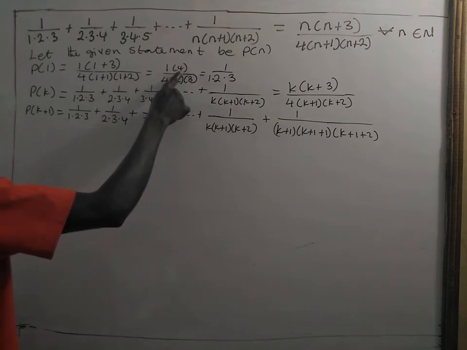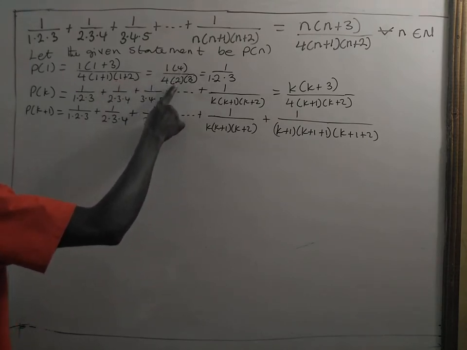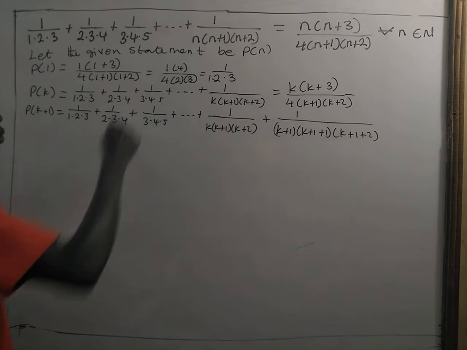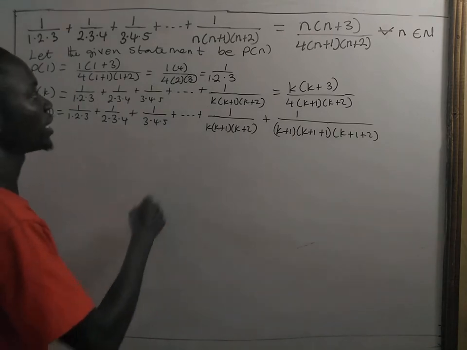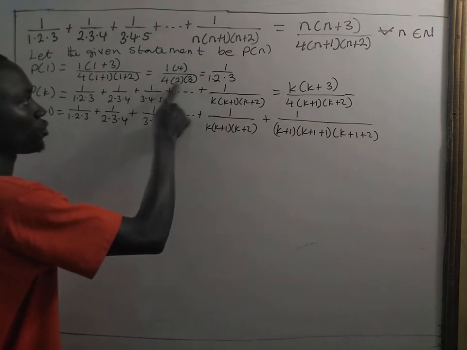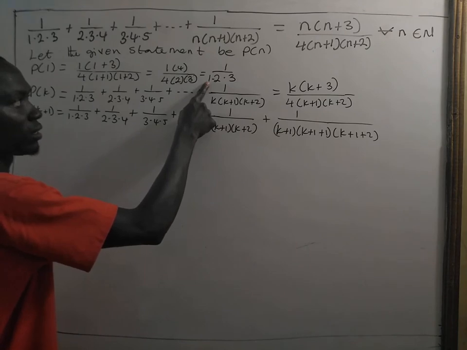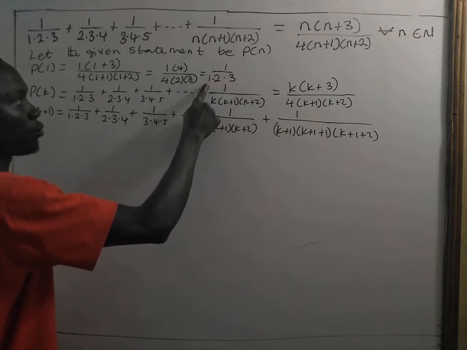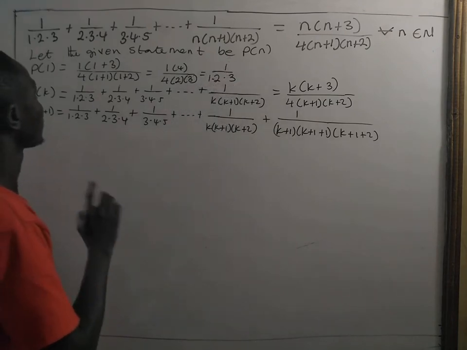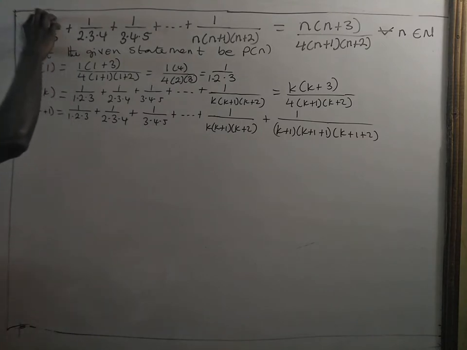So we have 4, 2, 3 if we put n equal to 1. So here 4 will cancel 4 and you will be left with 1. So here we have 1 divided by 1 times 2 times 3, and that is what we have here as the base case. So P1 is true. Very simple as that.